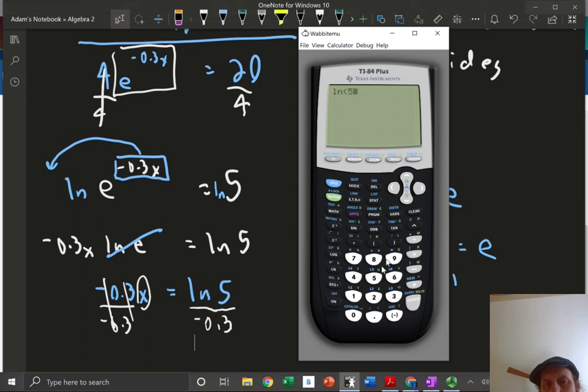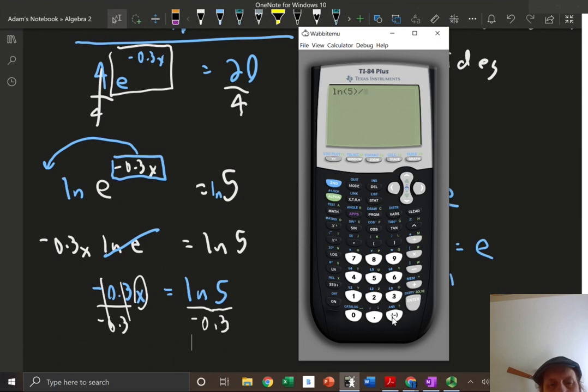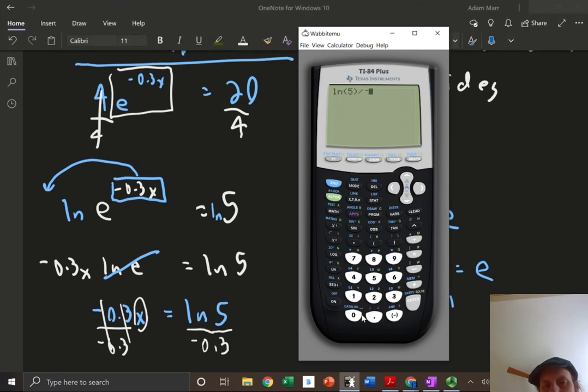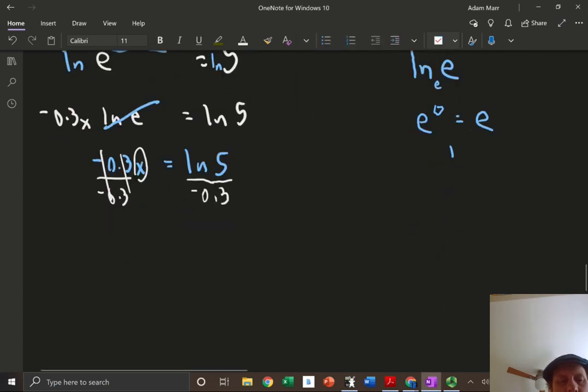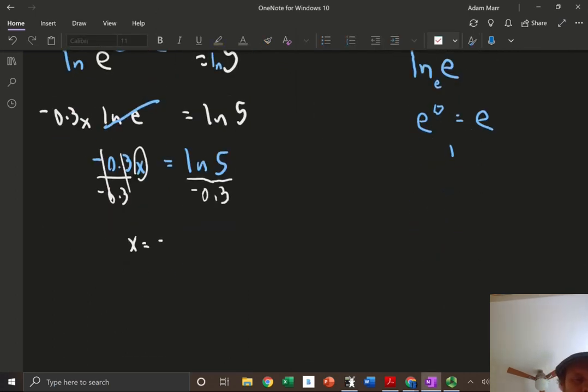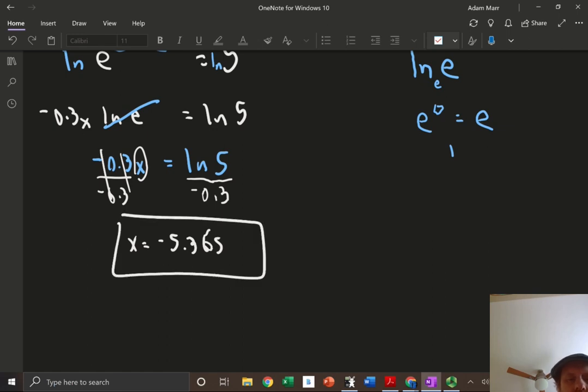Sorry, my computer's being a little slow. And we're going to divide that by negative 0.3. All right, and we have negative 5.365 if I'm rounding. Okay. And that is it. We are good to go.